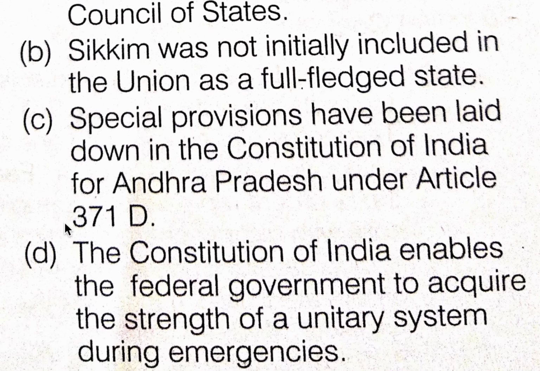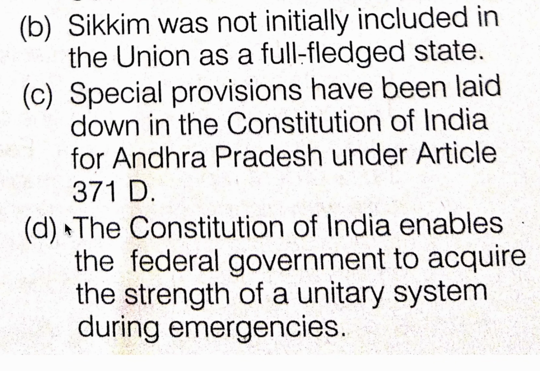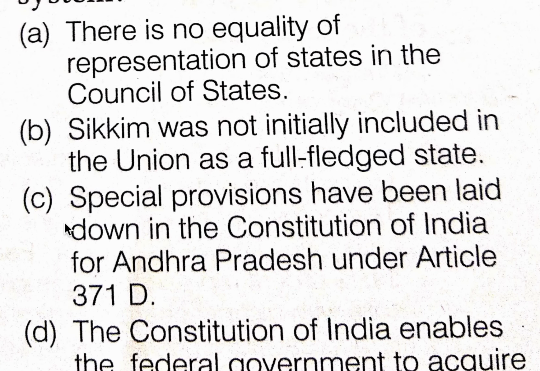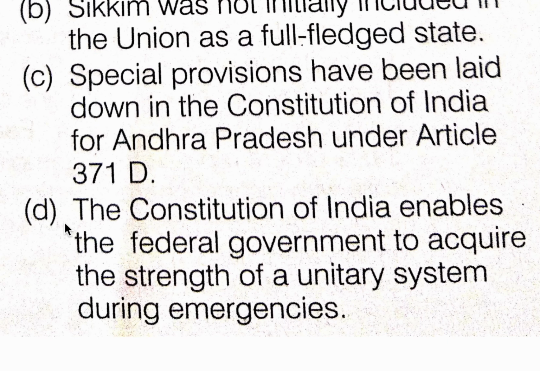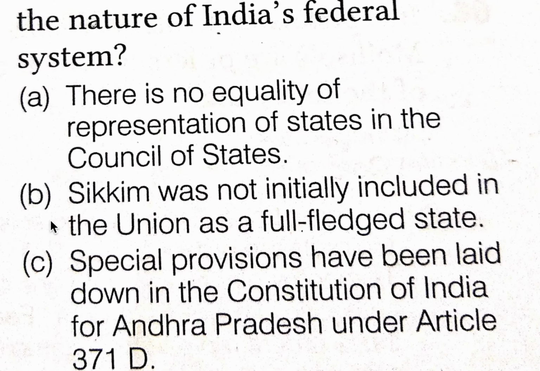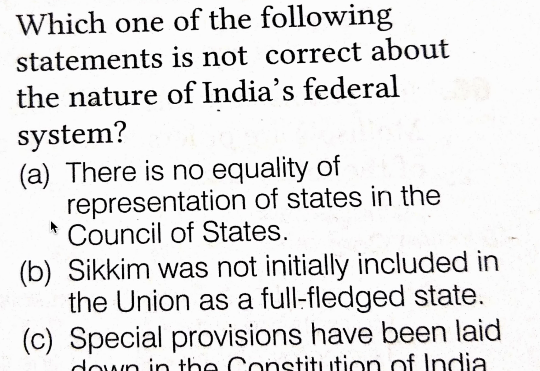And option D, the Constitution of India enables the federal government to acquire the strength of the unitary system during emergencies. So here option D is the answer. First, for the representation of states there is no equality.